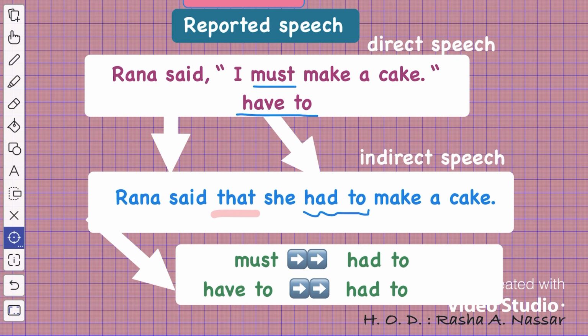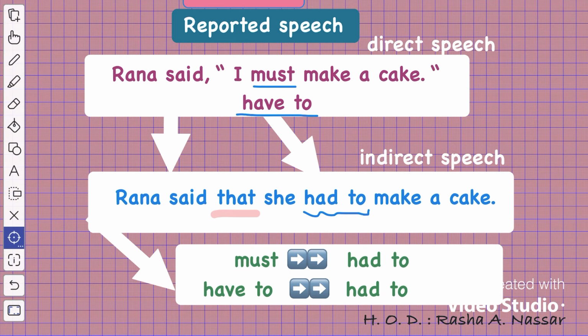Number one, we will remove the comma and the brackets and we will write that instead. And then we will change the pronoun I into the pronoun that is before the brackets, Rana. So here I will be changed into she. And then we will change must into had to.